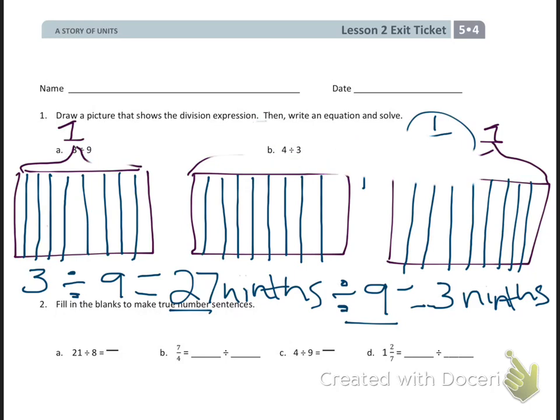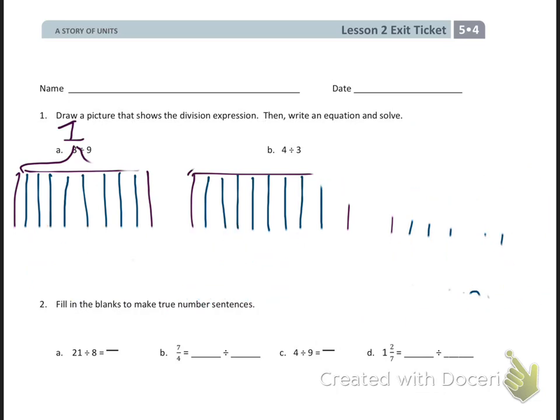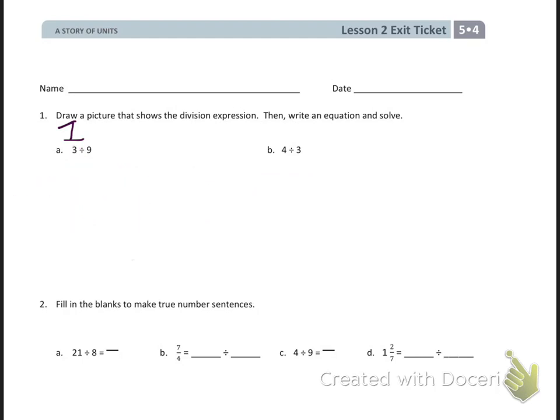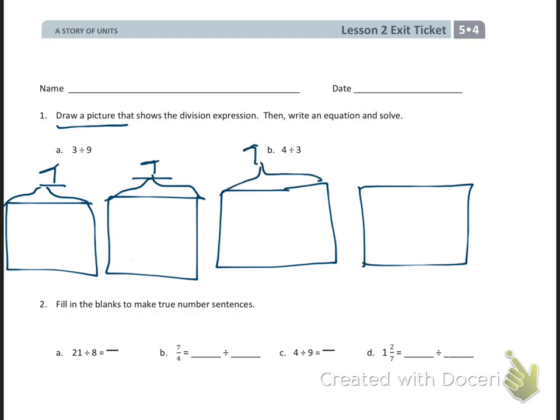Alright, let's go over B. 4 divided by 3. And I should be able to draw these a little bit smaller. So, 4 divided by 3. To draw a picture, we first need to show our 4 wholes. So we have 1, 2, 3, 4, and I always make sure to label my wholes as one whole like this because I'm not very good at drawing models, and so they clearly don't look like they're the same size, so those labels are really important.